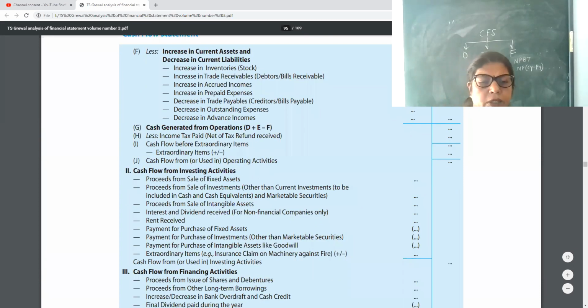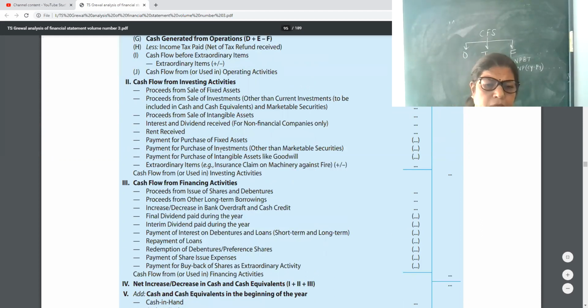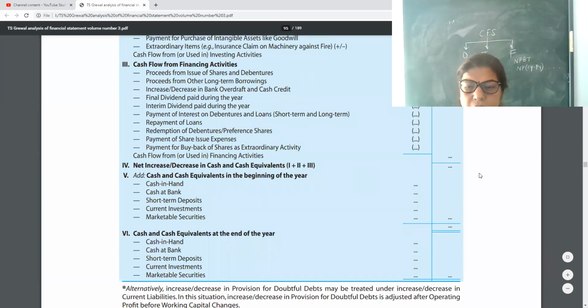Then investing, generally you can learn sale of fixed asset will be inflow, purchase of fixed asset will be outflow. Now in the question, in place of fixed asset, the name of some other asset may be given. Cash flow from financing activity: issue of shares and debentures, and payment of shares and debentures. So that will be net increase or decrease, and opening cash and cash equivalent to be added, and closing cash and cash equivalent to be subtracted.